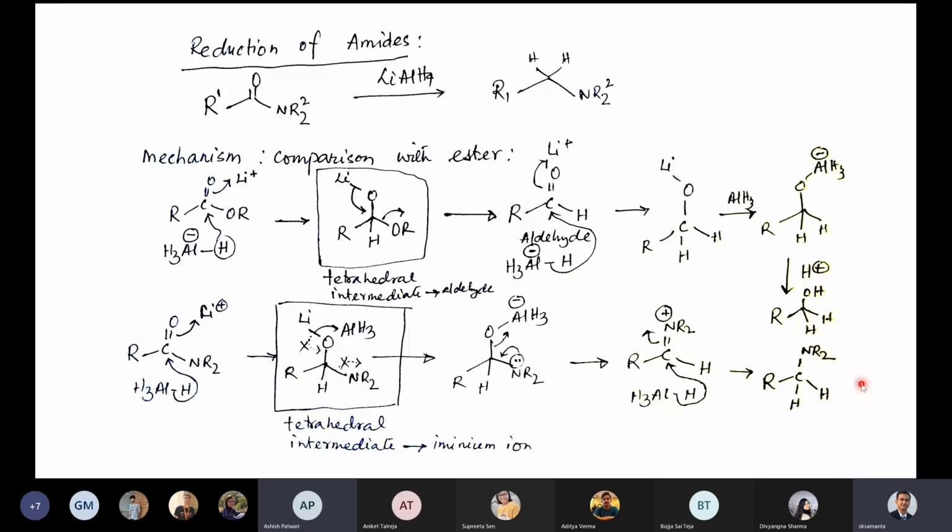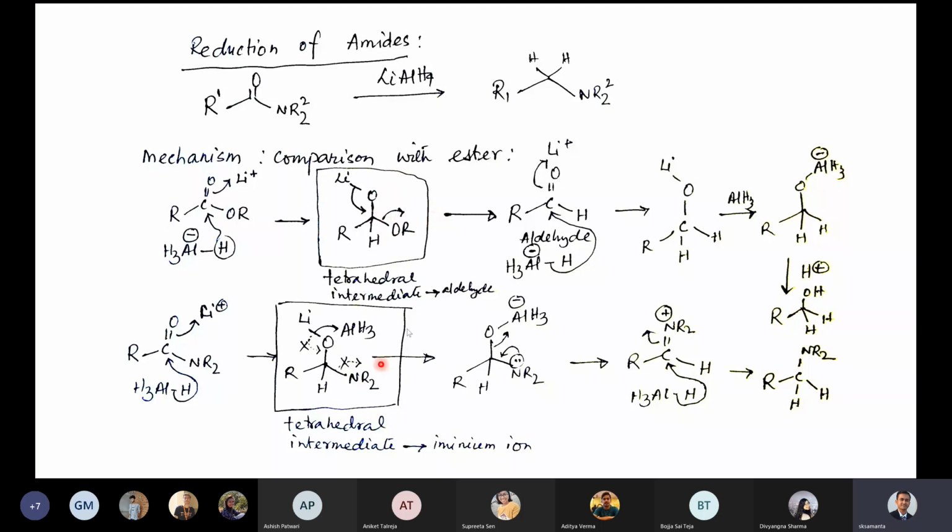Yeah, so in this case what happens is that the O-Al bond forms, in this case also it forms, as I said. But then this OR is a good leaving group compared to the NR group, so in this case it could leave very easily.